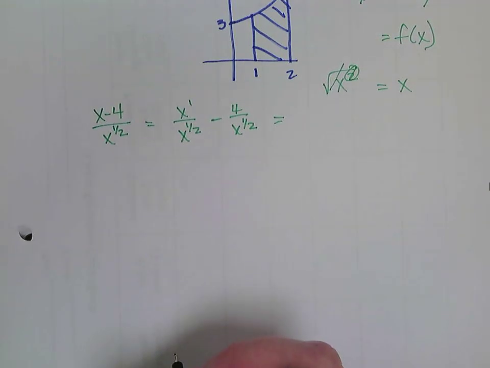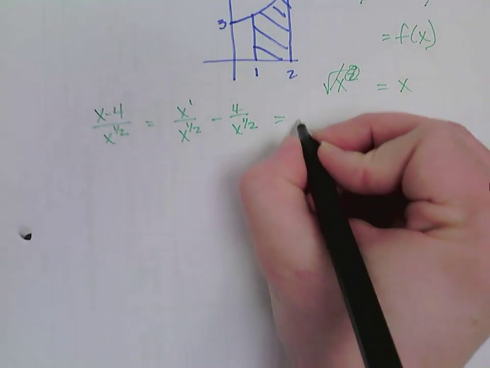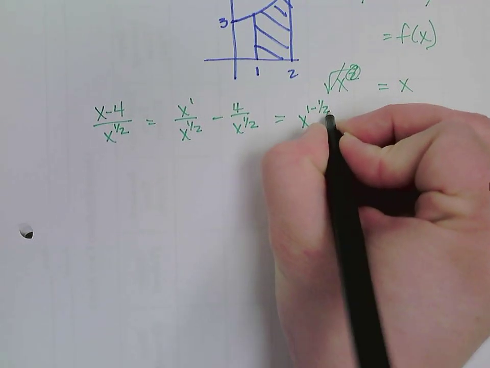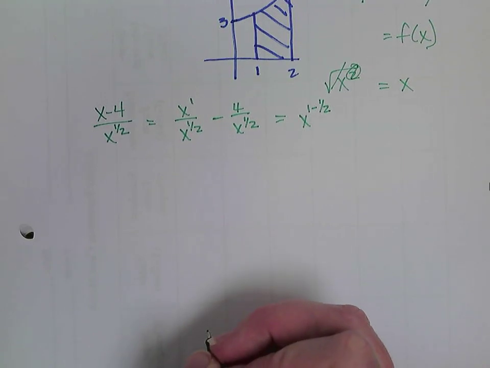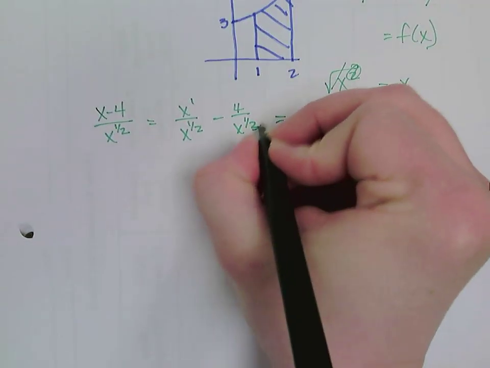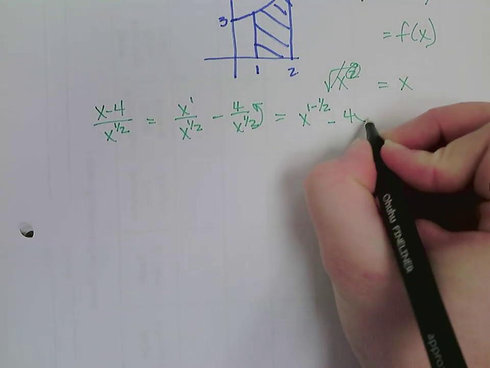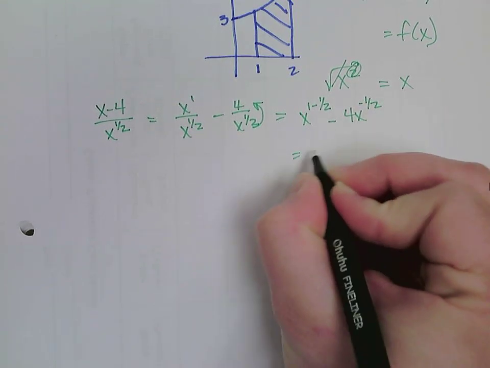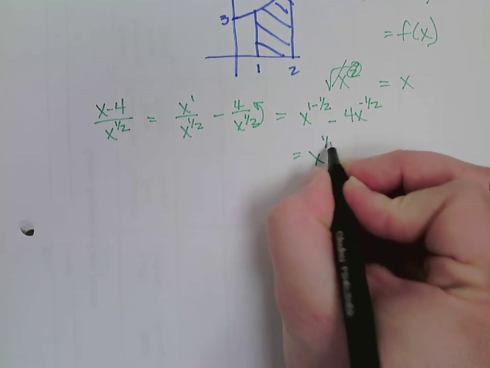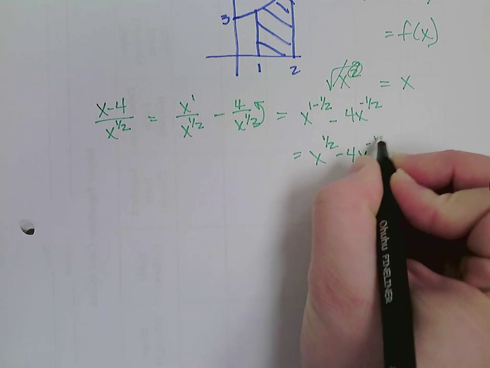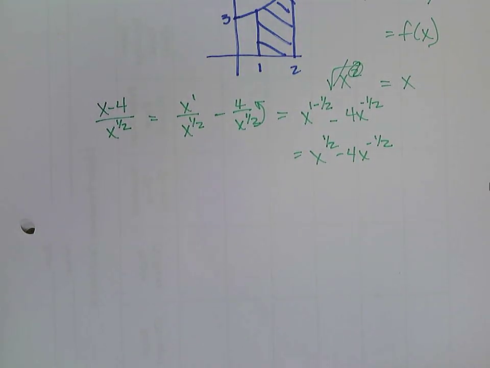When I'm dividing, I subtract the exponents. This we could just make negative and bring to the top, right? So I have 1 minus 1/2 is 1/2, and then minus 4x to the negative 1/2. We good with that?